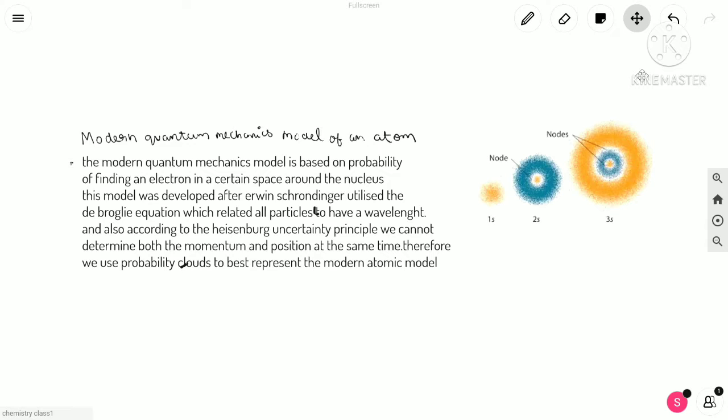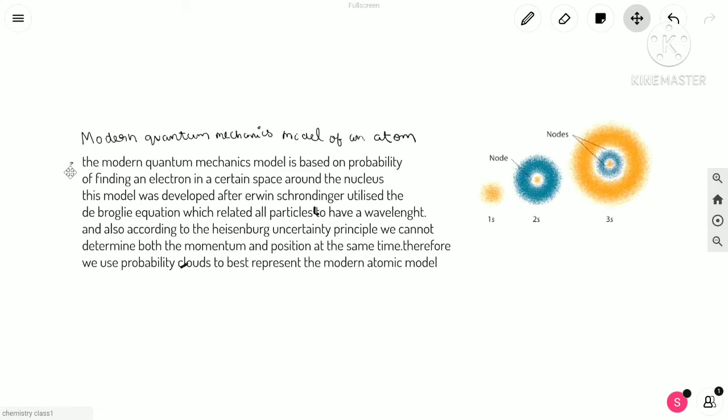And there was also some other development by Heisenberg, who developed the Heisenberg uncertainty principle, according to which the position and momentum of small particles such as electrons cannot be accurately determined together, and we have to forego one of these two quantities to get an accurate value of the other.